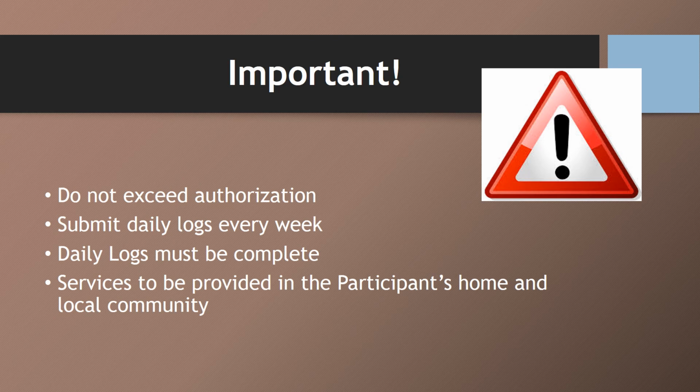Habilitation and companion service should not be provided in the home of a SSW unless the need for and appropriateness of it has been fully discussed and agreed upon at a key meeting. Reasons such as being more convenient for the SSW, the SSW has small children at home to care for, or the participant wants to go to the SSW's home to play with the dog would not be acceptable reasons.